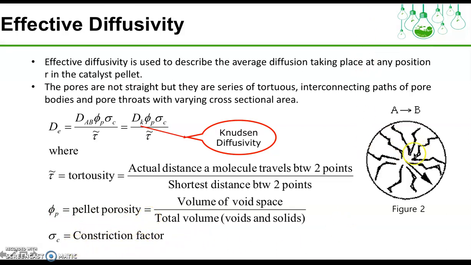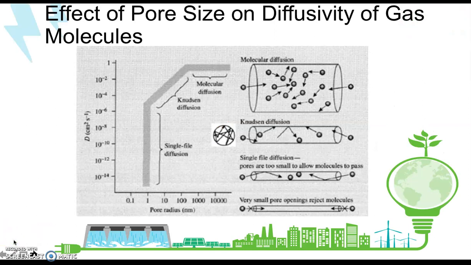Here you can see the pores are not straight, but there are many interconnecting pores, and all of the pores and paths vary, with varying cross-sectional area. In this figure you can see the Knudsen diffusion region, where the pore radius is smaller. Where the pore radius is larger, you apply DAB, which is molecular diffusion.